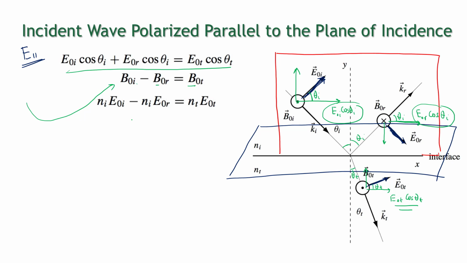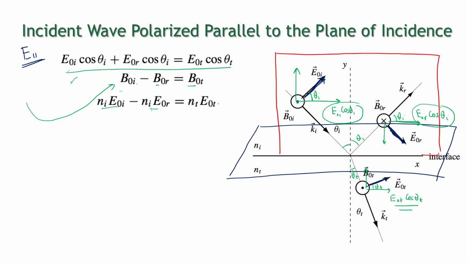Okay, so we are just substituting this equation in this one. We have this refractive index times electric field. C will cancel because C is common, right, because it's the speed of light. So we'll have electric field times refractive index, which is what we have here, and the refractive index on the left side would be the refractive index in the incident medium, and on the right side would be for the transmitted medium.